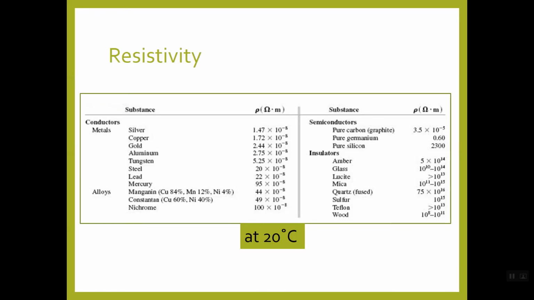Here are some resistivities of certain substances at 20 degrees Celsius. We have our good conductors here, our metals, silver, copper, that have very low resistivity. Insulators on the other end of the spectrum have very high resistivities and therefore are poor conductors.